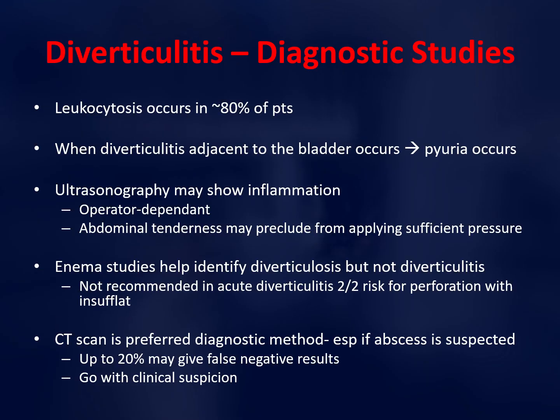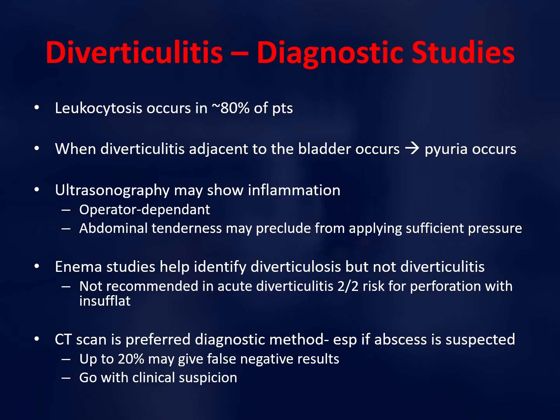What do we have on labs and imaging? Leukocytosis occurs in the big majority of cases, around 80%. When diverticulitis is adjacent to the bladder, pyuria occurs, which is the presence of leukocytes in urine samples. Ultrasonography may show inflammation.